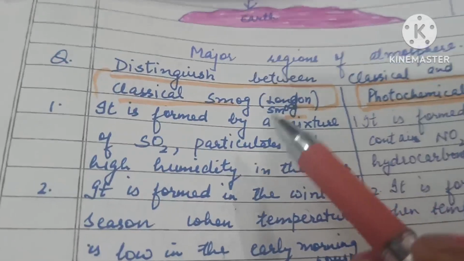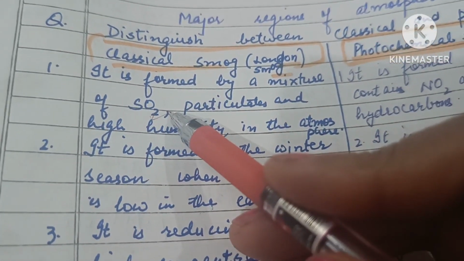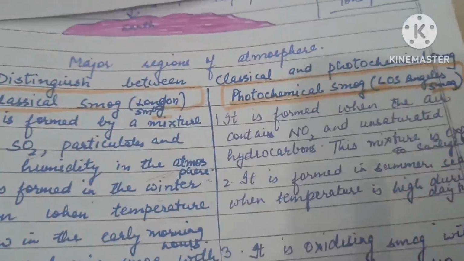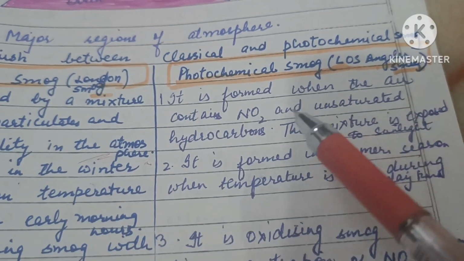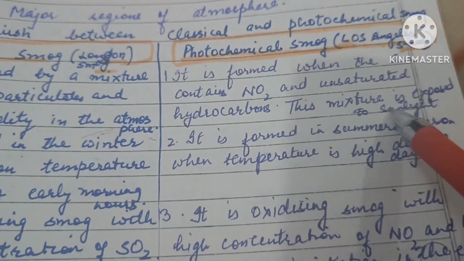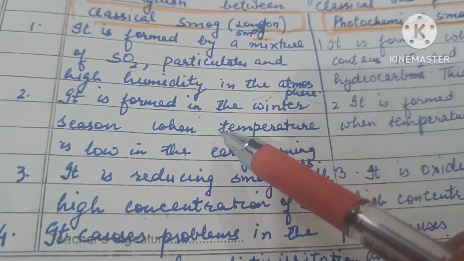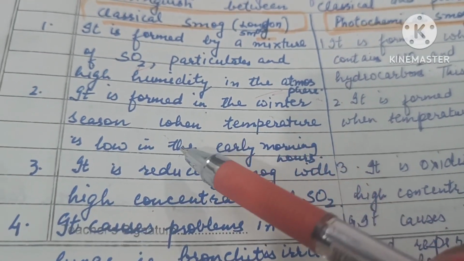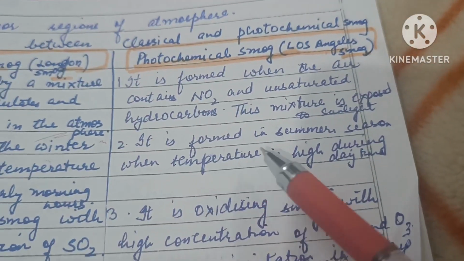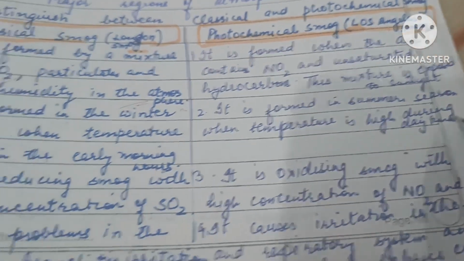Classical smog, also known as London smog, is formed by a mixture of sulfur dioxide, particulates, and high humidity in the atmosphere. Whereas photochemical smog is formed when air contains nitrogen oxides and unsaturated hydrocarbons and the mixture is exposed to sunlight. Classical smog is formed in winter season when temperature is low in early morning hours, whereas photochemical smog is formed in summer season when temperature is high during daytime.